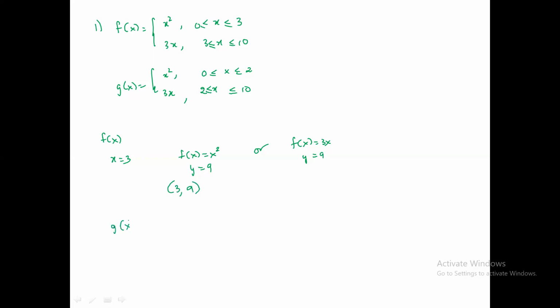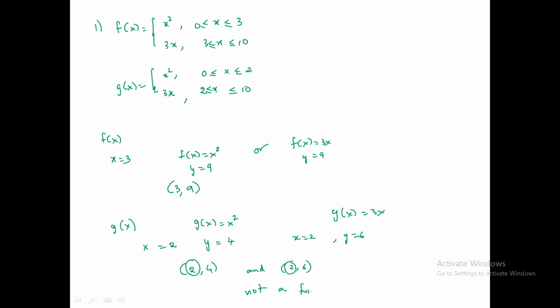But in the function g(x), if you take g(x) = x squared for x = 2, then y is 2 squared, that is 4. But if you take g(x) = 3x for x = 2, y is 6. That means 2 is joined to 4 as well as 6. Because the x is repeating here, it is not a function.